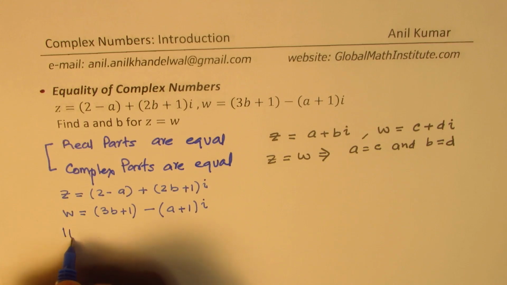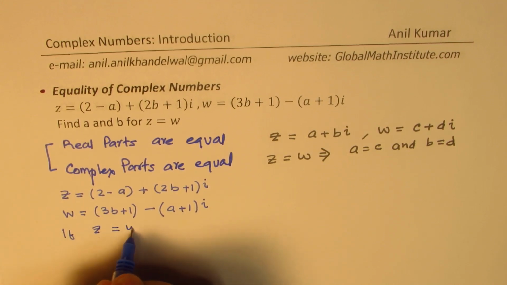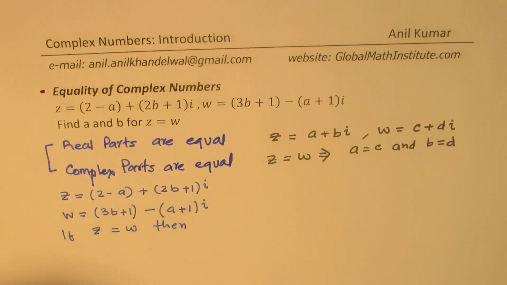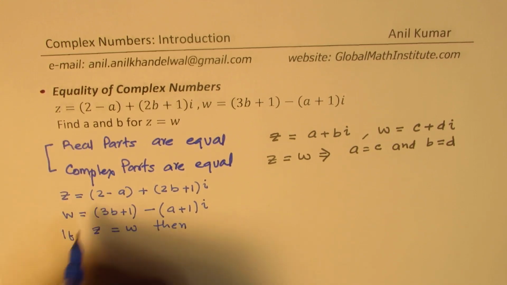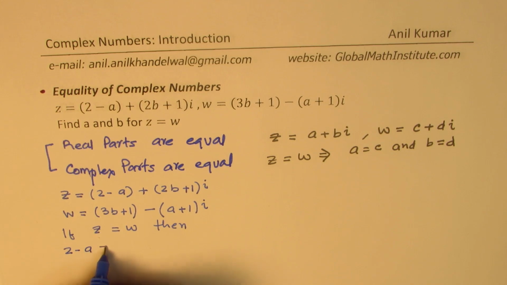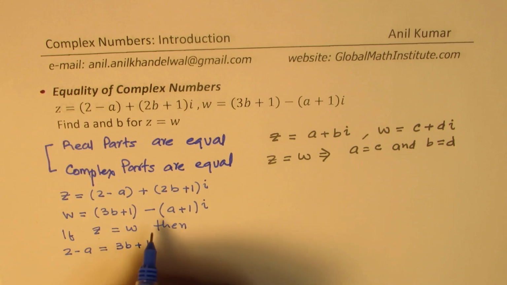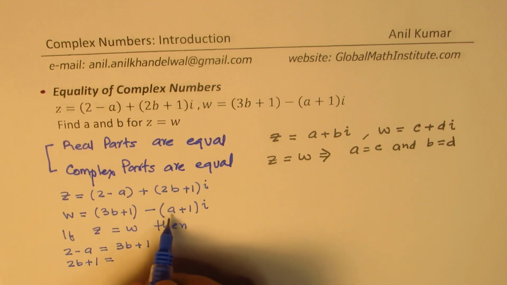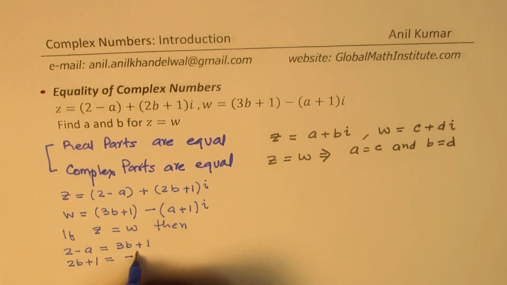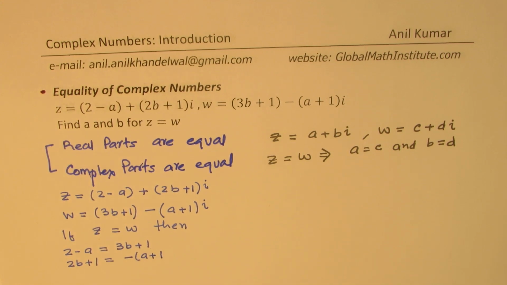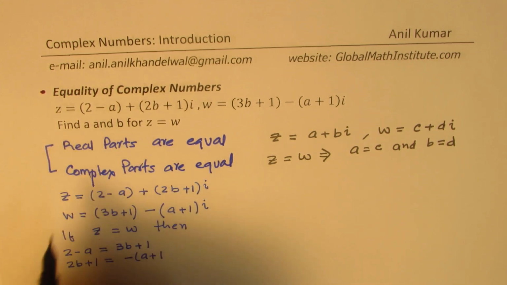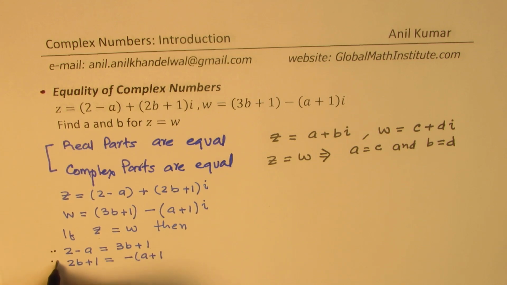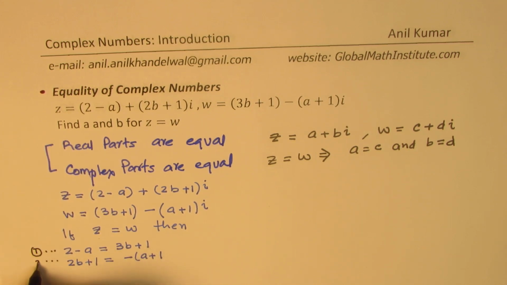Now if z equals w, then we have two equations: 2 minus a should be equal to the real part 3b plus 1, and 2b plus 1 should be equal to minus of a plus 1. Is that clear? So when complex numbers are equal, that really means that the real parts and complex parts, you can say coefficients, are also equal.